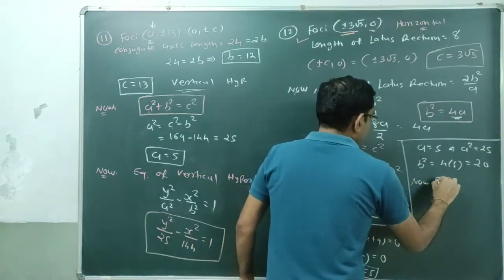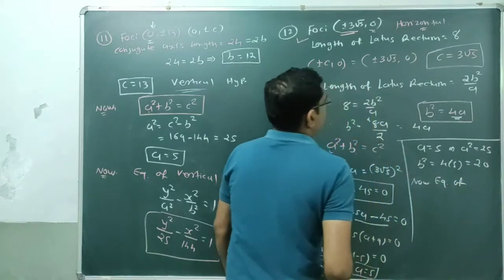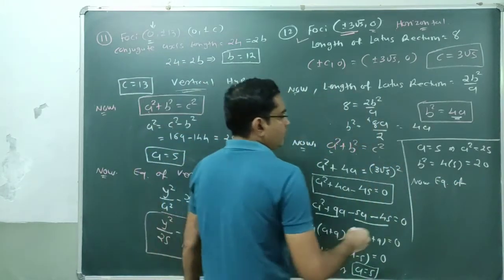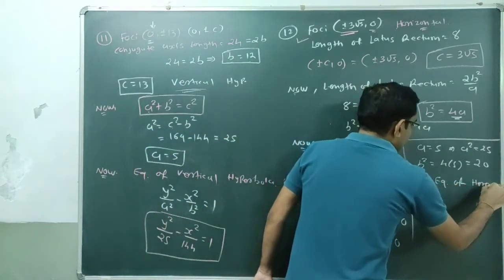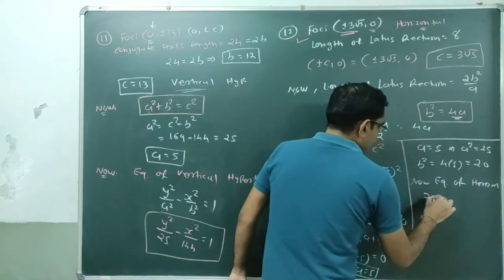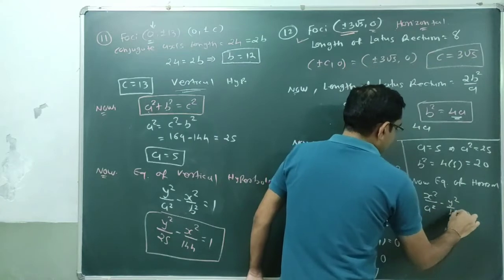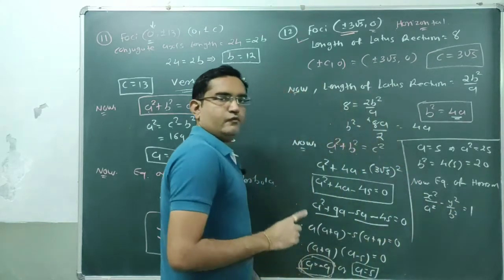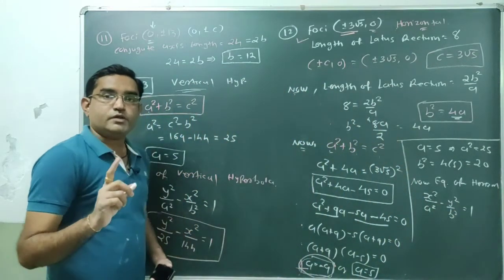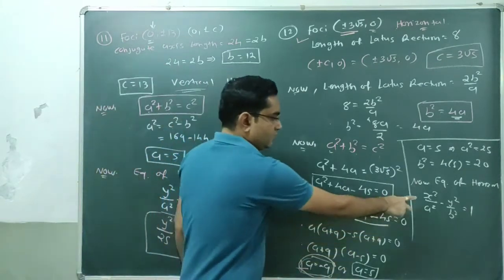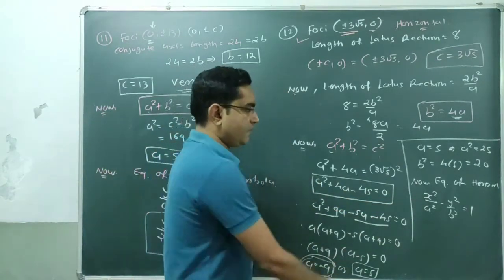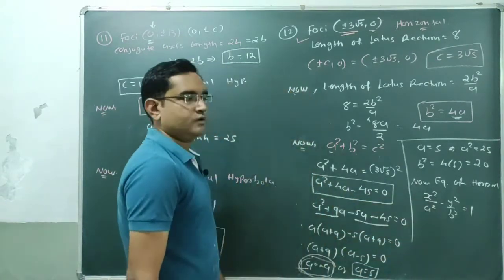And therefore we can write the equation of hyperbola, horizontal hyperbola. So equation of horizontal hyperbola is x square by a square minus y square by b square equal to 1. For horizontal hyperbola, coefficient of x square will be positive, so x square by a square minus y square by b square equal to 1. Clear students?